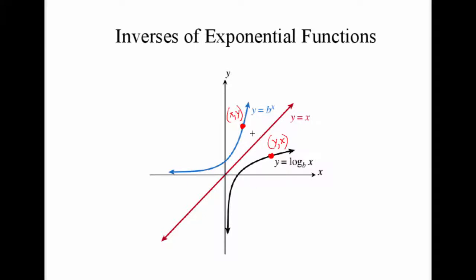Okay, so just to associate some numbers here, let's just say that this point had coordinates 3, 8. Then that means that in the inverse, those coordinates would be 8, 3. Just to give you an example.